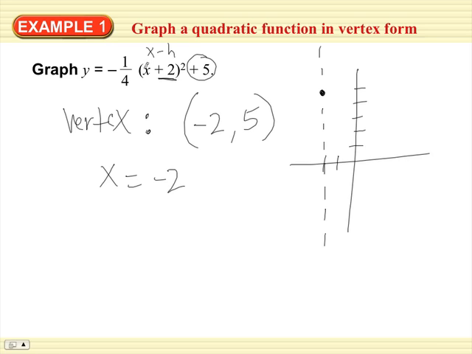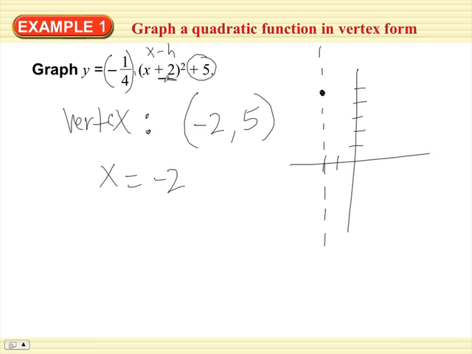But you could. Okay, so type this in your calculator exactly the way you see it. Anytime you get a fraction, I always put the fraction in parentheses just in case. Okay, negative 1/4 in parentheses, times x plus 2 squared, plus 5. Type that in.